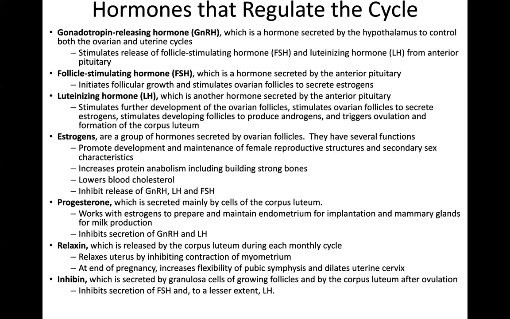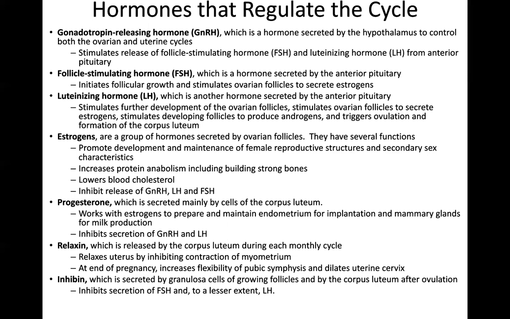So in other words, for that growing fetus, it's not a fetus at this point, but it's a group of cells that will develop into the fetus to travel to the uterus and stick to its wall. Progesterone also is going to help stimulate the mammary glands to produce milk. And then just like with estrogens, its elevated levels will inhibit the secretion of GnRH and LH.